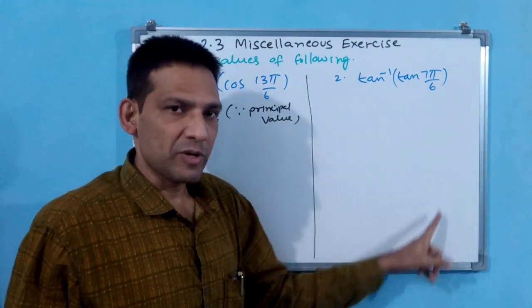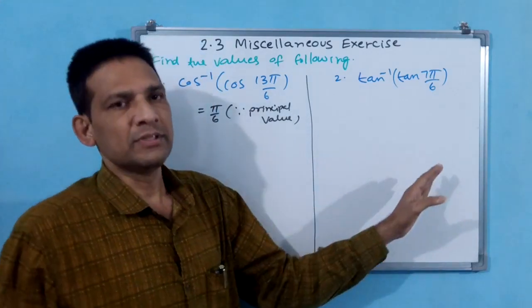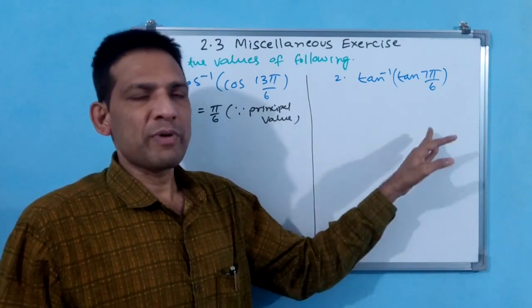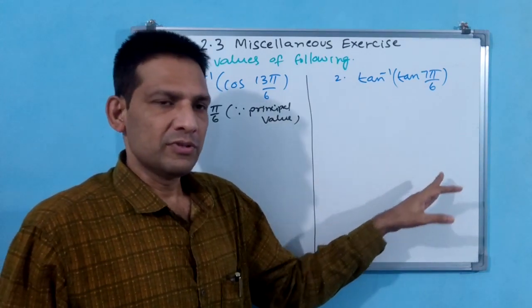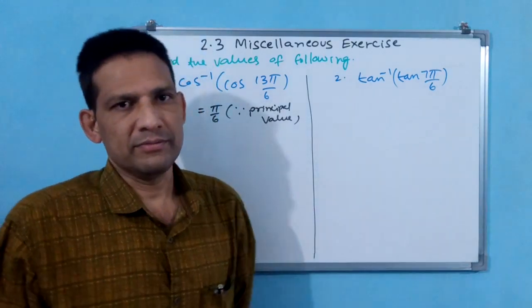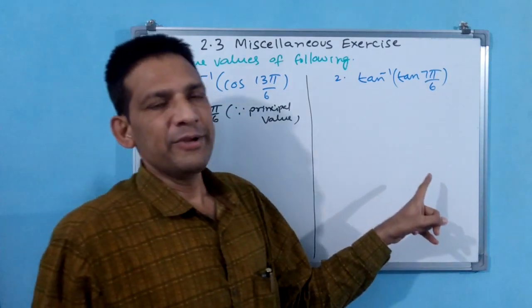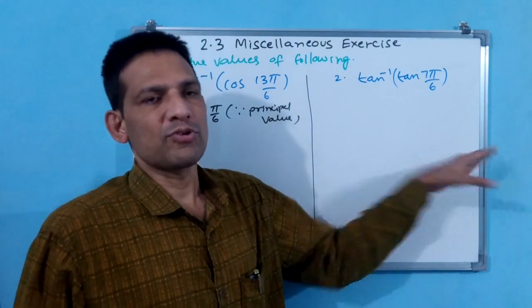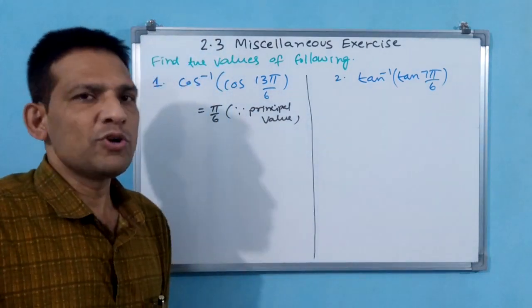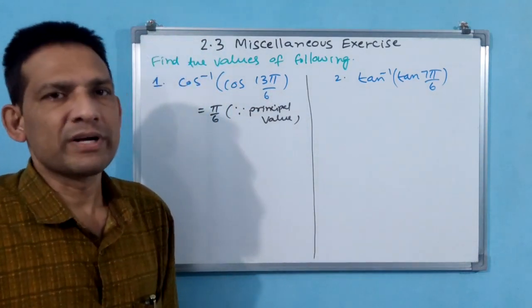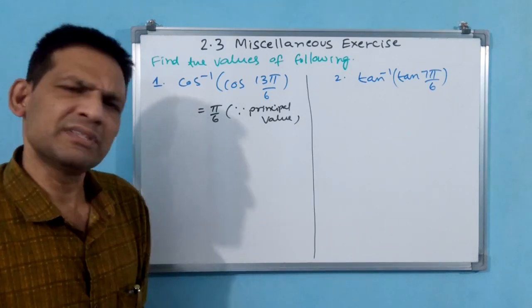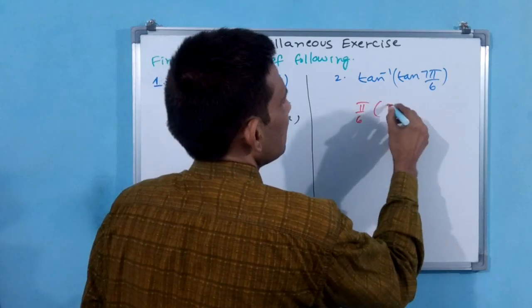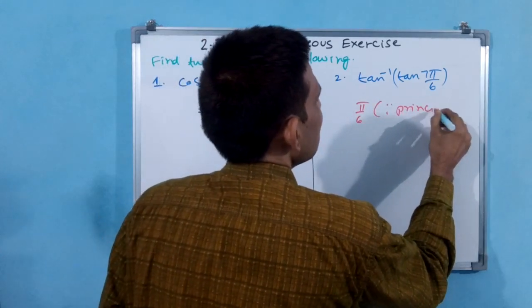Because the principal value of tan is minus pi by 2 to pi by 2. Between this, 0 to pi by 2 is positive, minus pi by 2 to 0 is negative. See, this value is positive. Positive value means the same 30 degree you have to show in the 0 to pi by 2 quadrant, first quadrant. What will be the answer? 30 degree means pi by 6 will come. That means here also pi by 6 will come as the principal value.